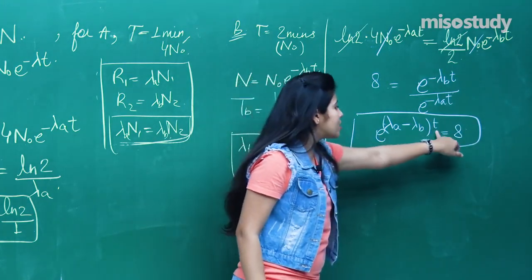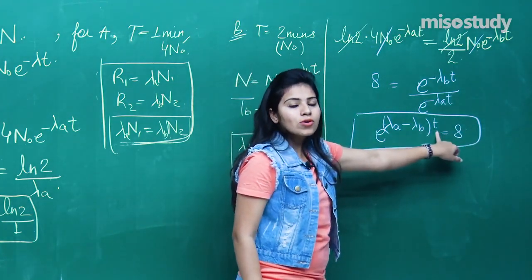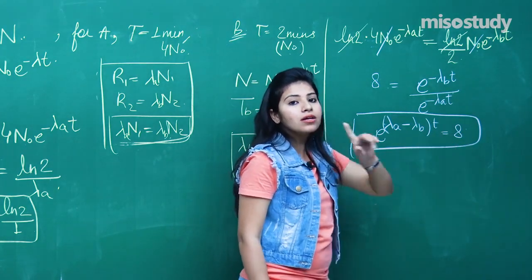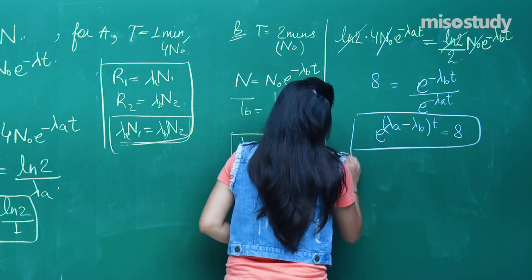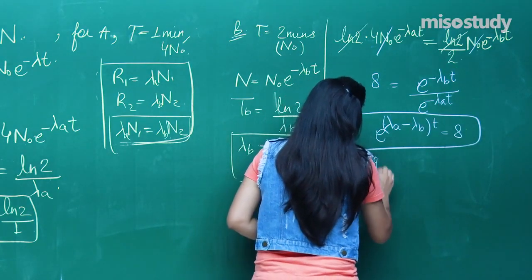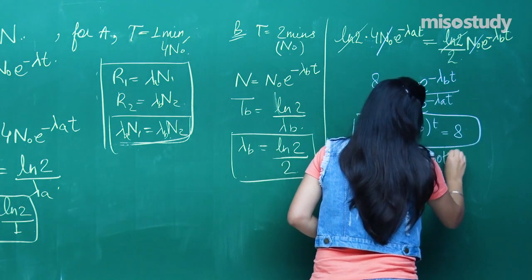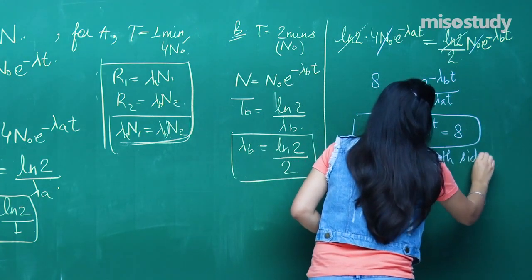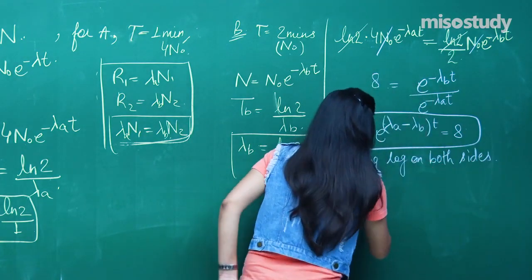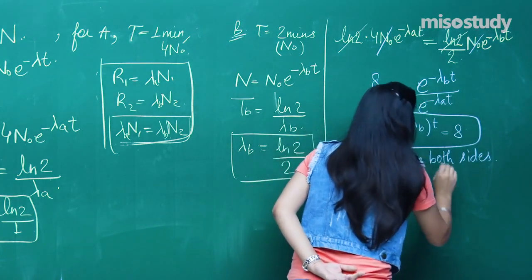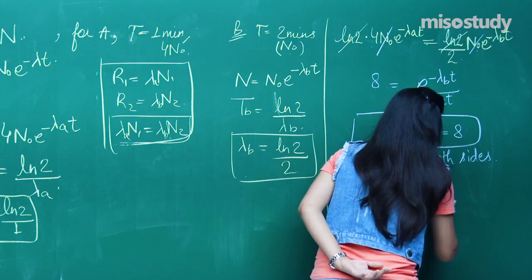To find out this time, because in the question we have to find the time, we have to take log of both sides. So taking log on both sides, you will be having lambda A minus lambda B into T equals log 8.